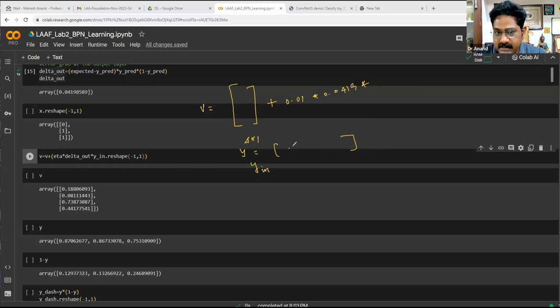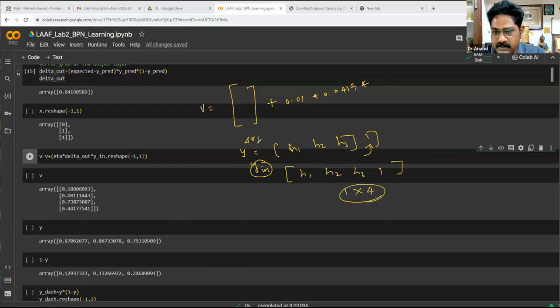After concatenating, this is hidden neuron output 1, output 2, and third neuron output 3, and then after concatenating 1, we use this variable y in. So currently my data is available in this form. But this is a row vector. Please understand, this is a row vector, 1 by 4.